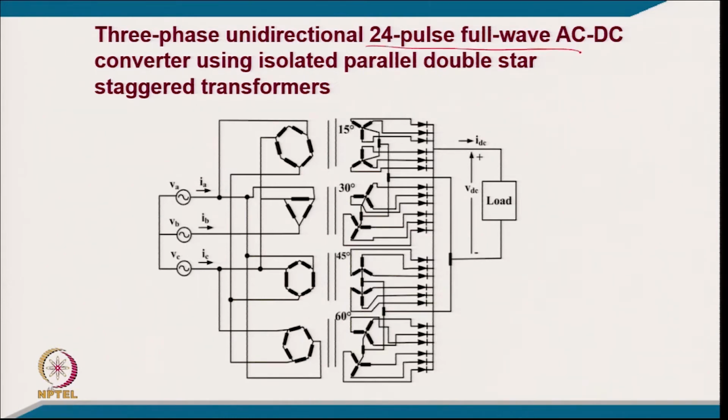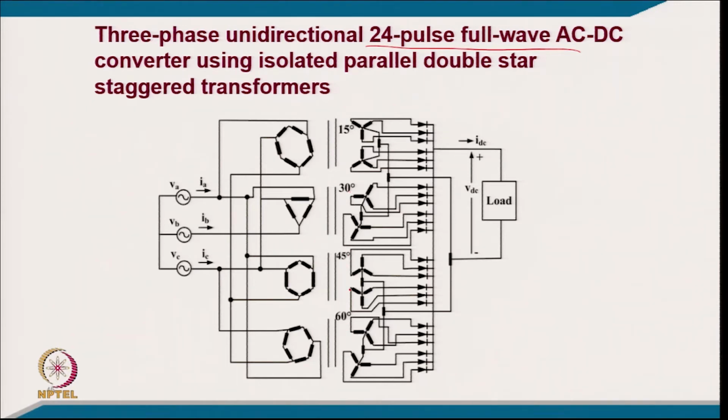Or we are able to get a 24 pulse. This 24 pulse converter was patented in 1948 in the US and used for a very large number of applications. What we are converting here is the 3 phase supply into 24 phases. 24 phases means 360 by 24, so you require 15 degrees from one phase to another consecutive phase. The first phase will be at 15, then 30, 45, 60.